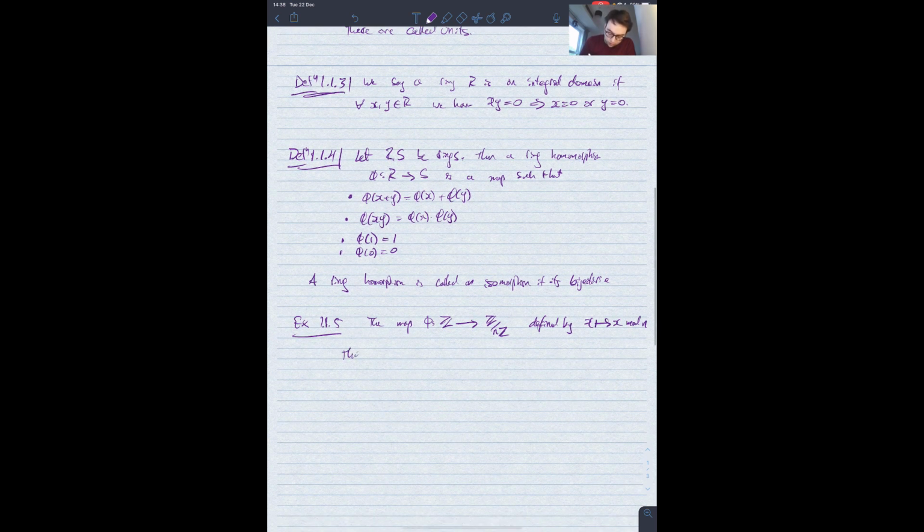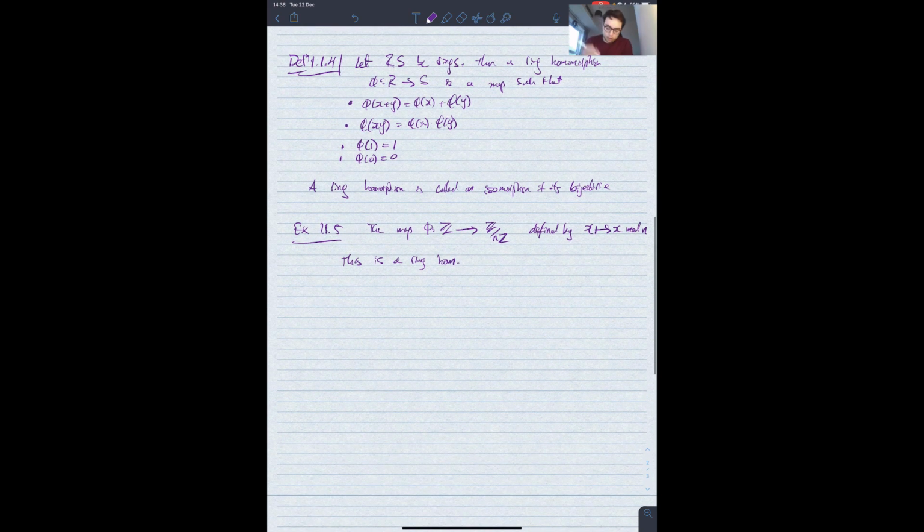This is a ring homomorphism. You can check this. It's a nice exercise to refresh your minds on this. So let's continue with our raft of definitions that we all already know.